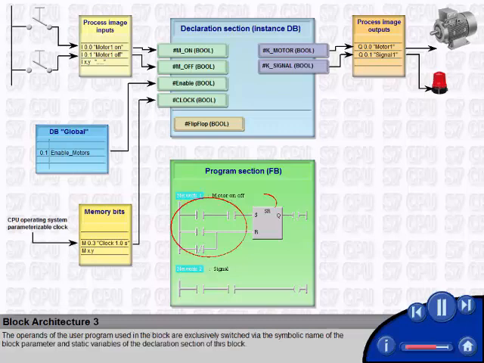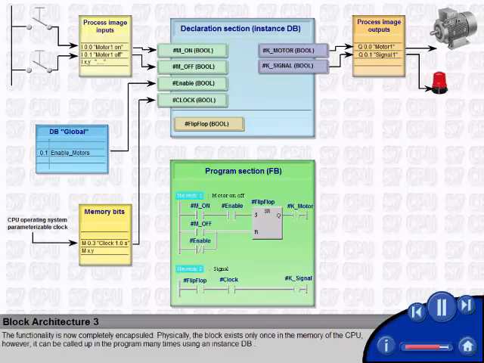The operands of the user program used in the block are exclusively switched via the symbolic name of the block parameter and static variables of the declaration section of this block. The functionality is now completely encapsulated. Physically, the block exists only once in the memory of the CPU. However, it can be called up in the program many times using an instance DB.